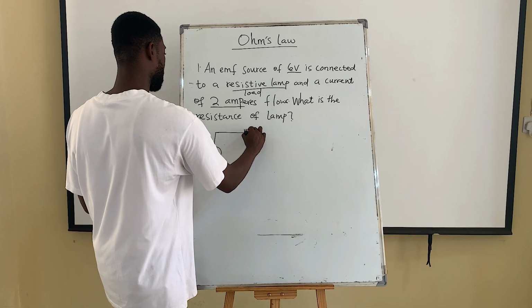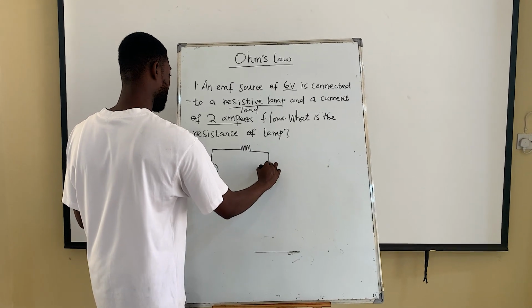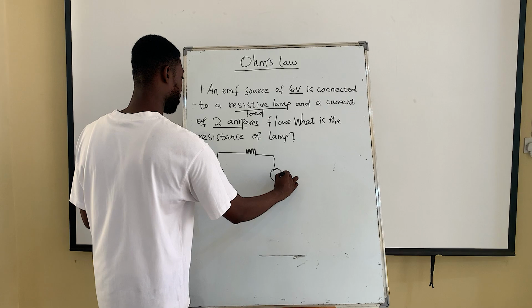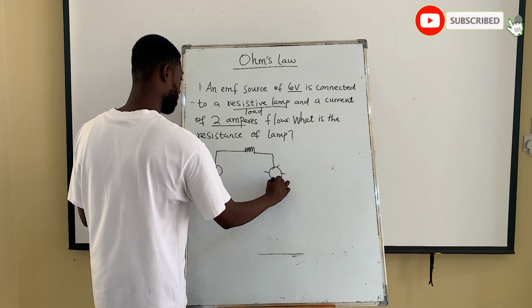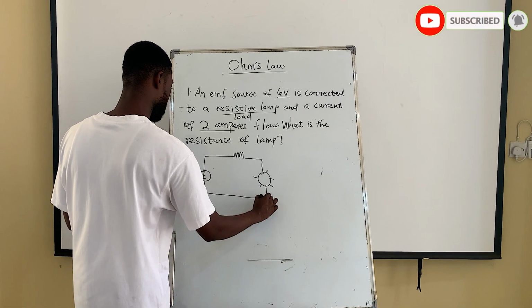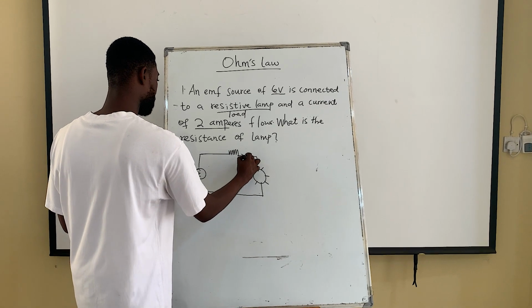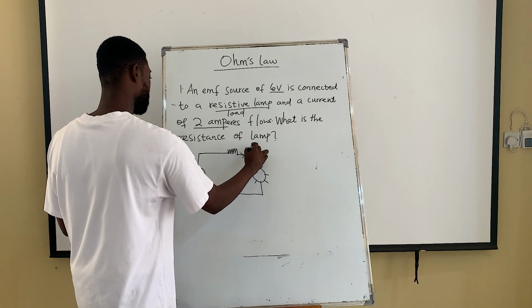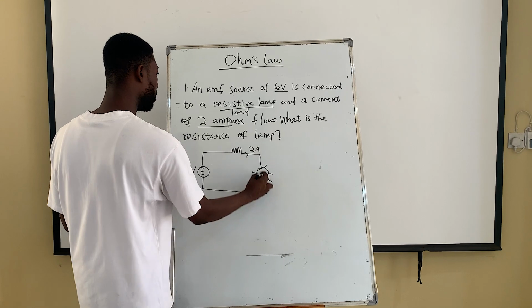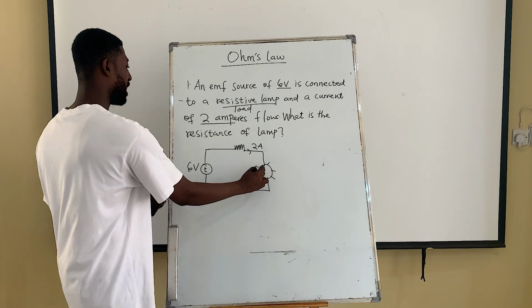So we have a resistance here, and we have the lamp. Then a current of 2 amps is what is flowing through the electrical lamp, the load.